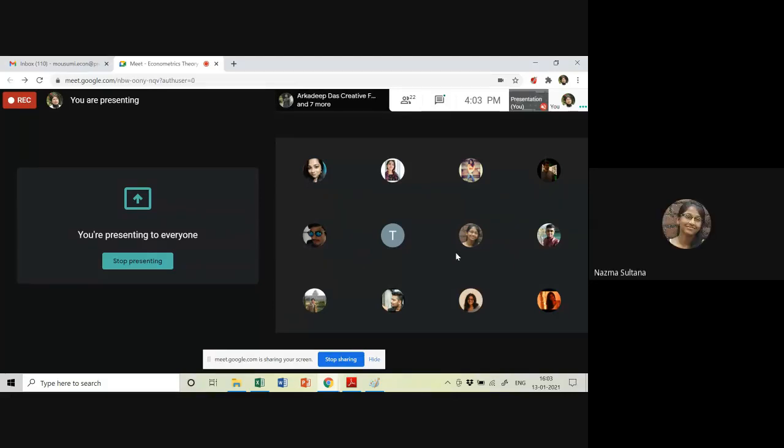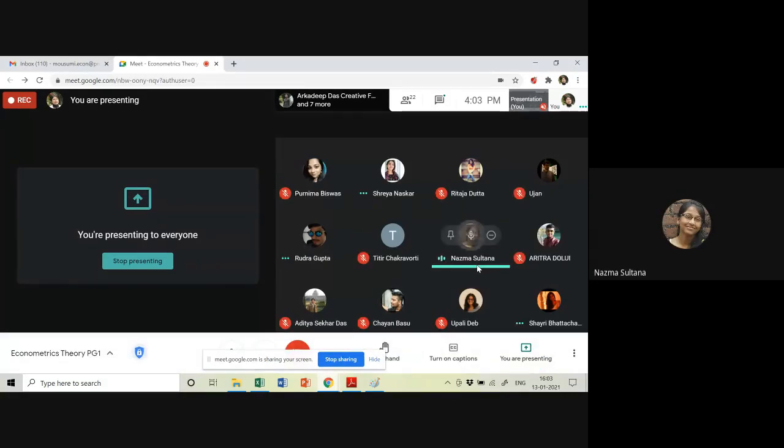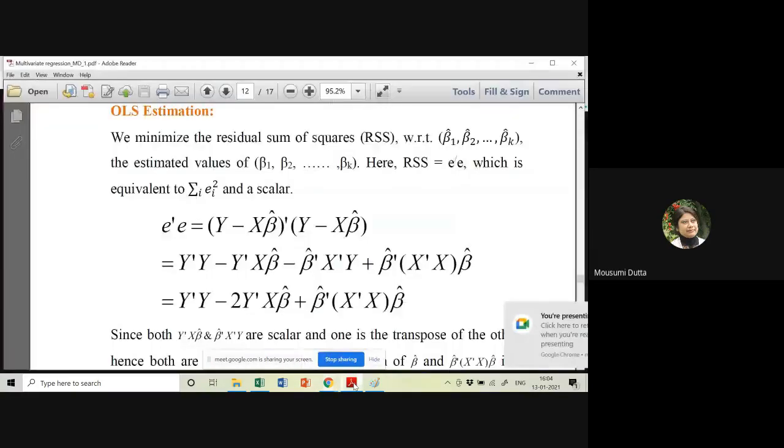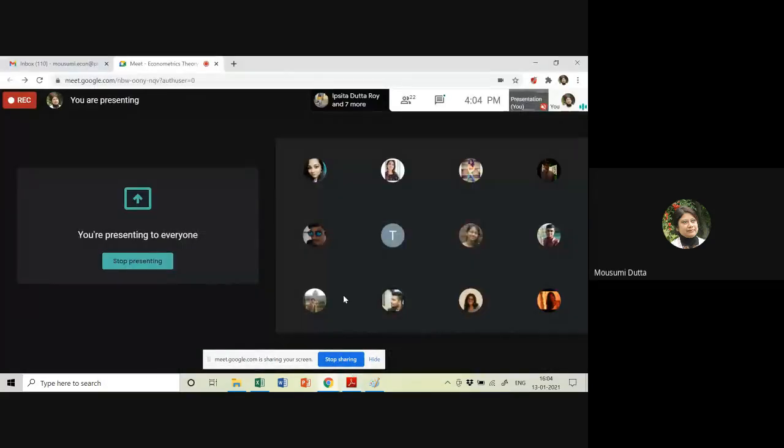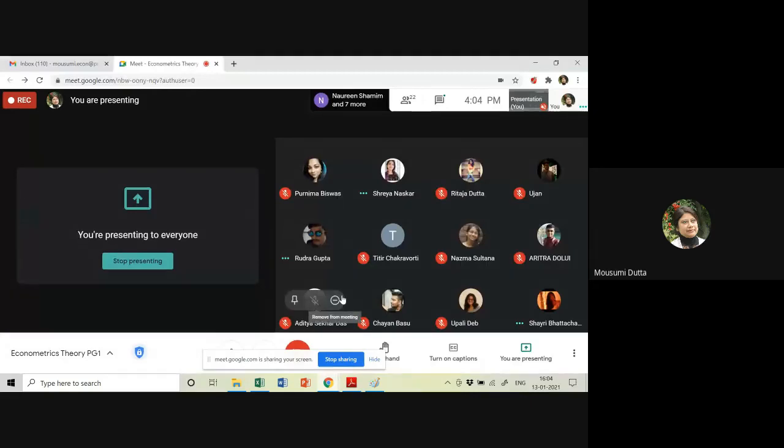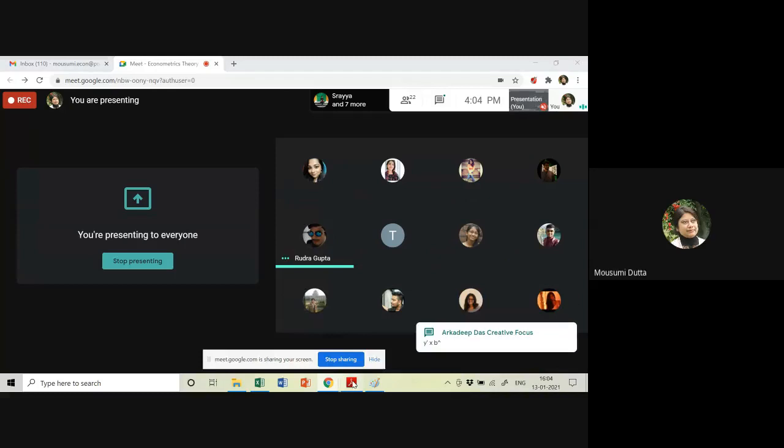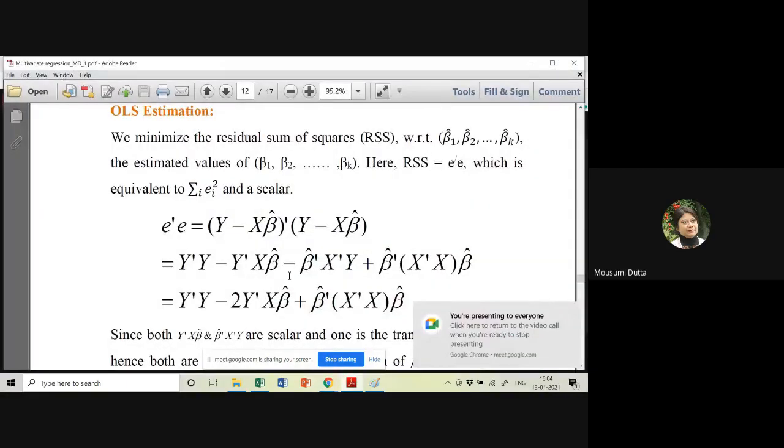Beta hat x y transpose. The ordering is not right. Rudra? Ma'am, y transpose x beta hat. Y transpose x beta hat. Yes, that is the right answer.